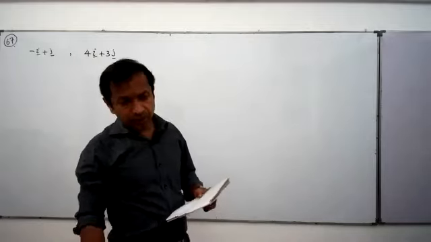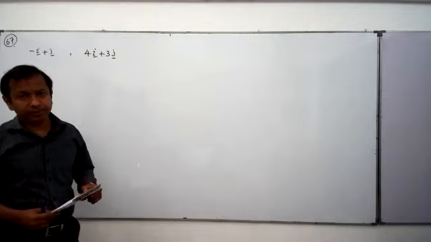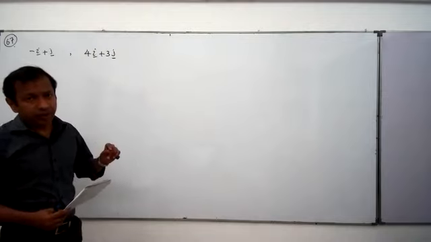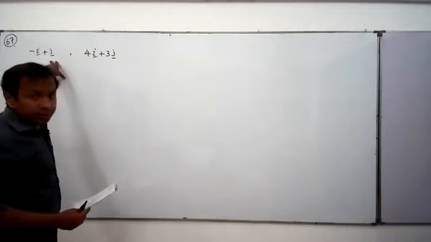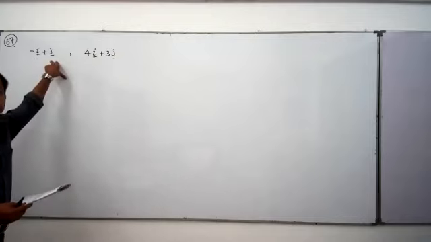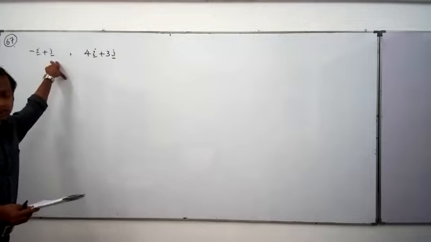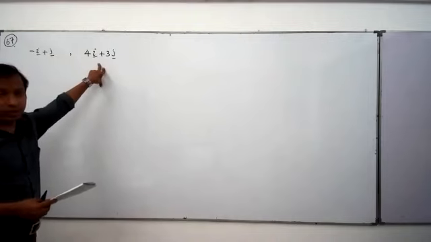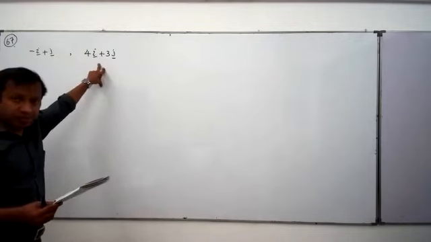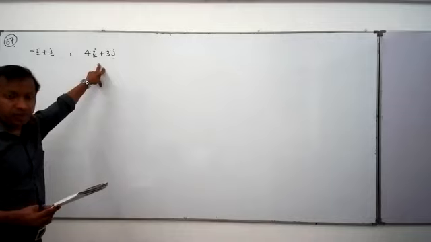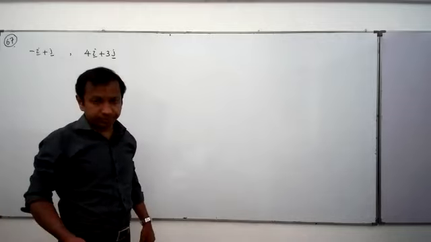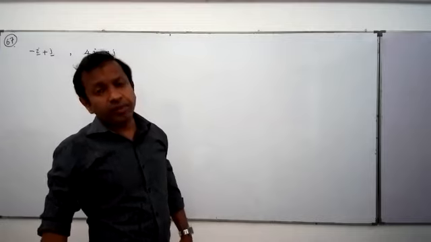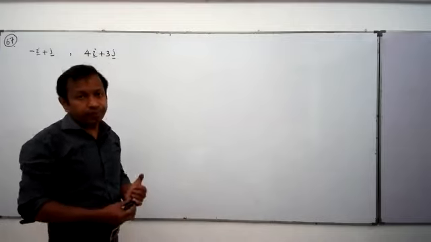See the question, people. There is a vector. That vector and this vector, we take the dot product. The answer is 1. And the same vector and this vector we take the dot product. The answer is 17. Then it asks to find that vector. People, we assume that vector like this.